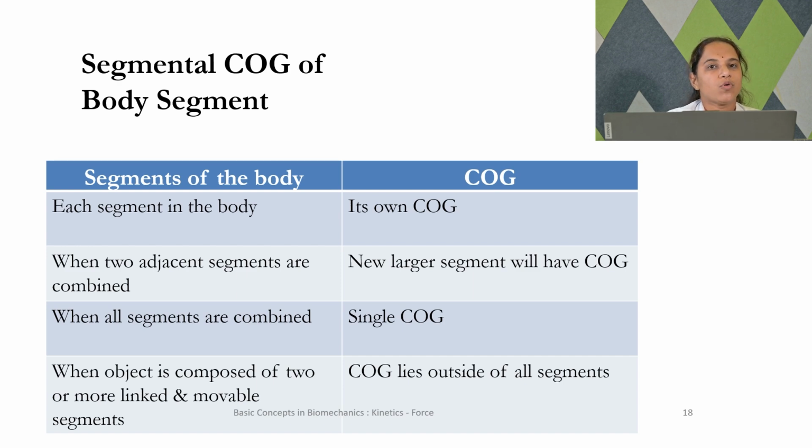So if it is a forearm and hand, it lies towards the forearm side. When all segments are combined, there is a single center of gravity.